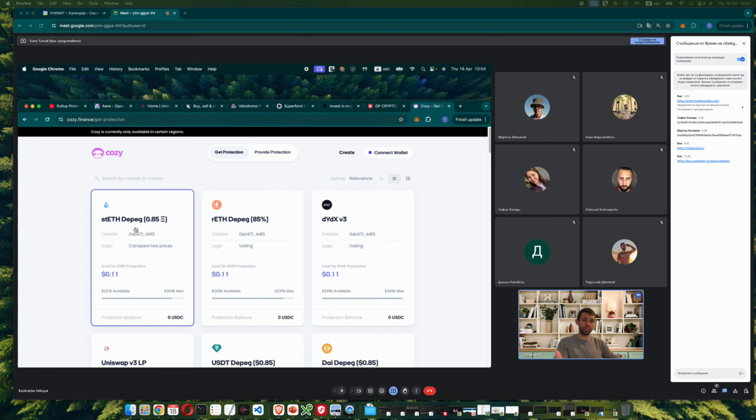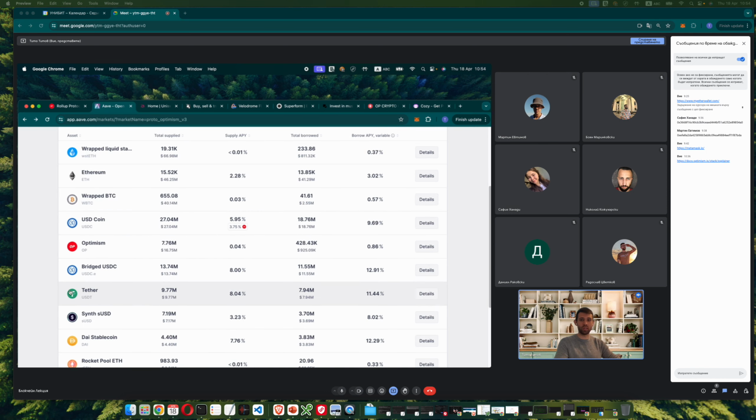I can buy insurance for Aave and pay like 2% out of the profit that I'm going to make. So rather than taking 8%, I'll pay 2% for insurance, so I'll make only 6. But if for some reason the protocol is hacked or something happens, then they'll recover my funds.